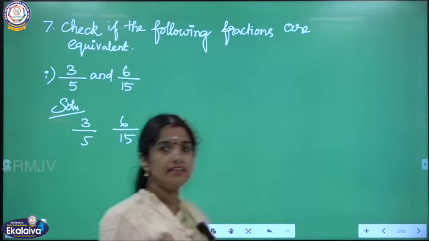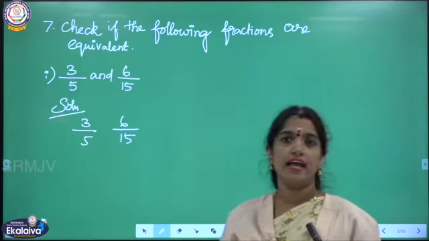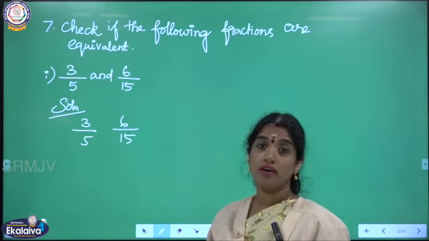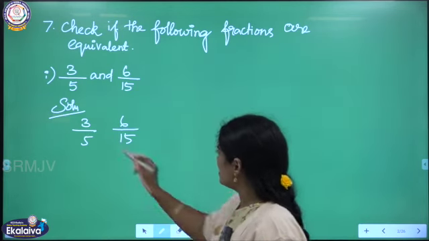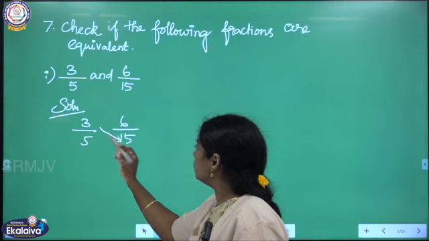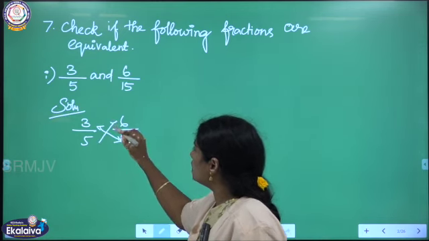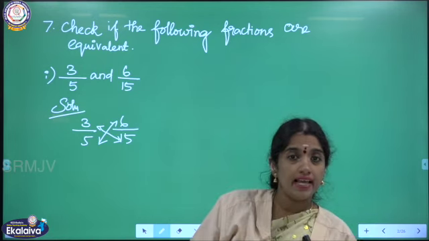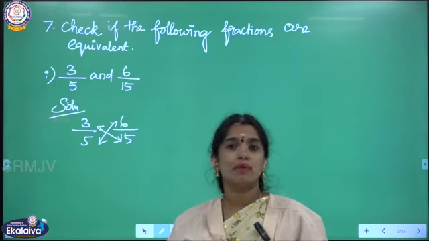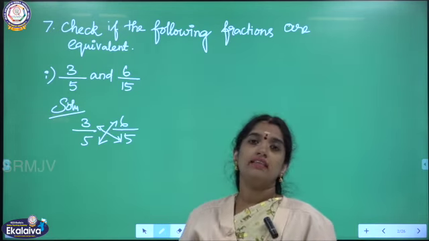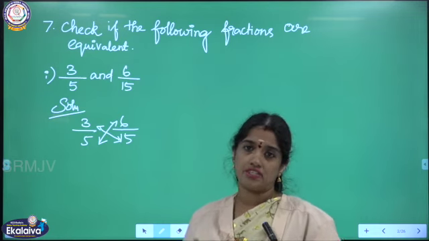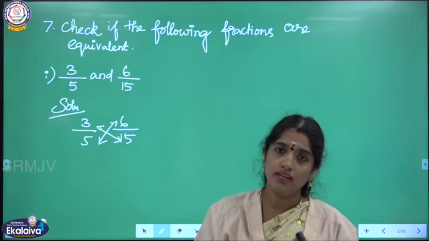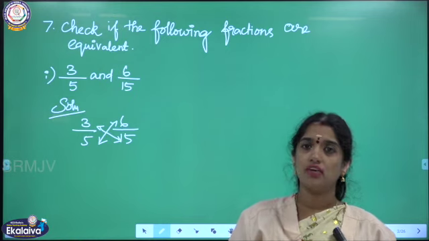I have taken the 2 fractions. What I am going to do is just cross multiply. Once I cross multiply, if both the LHS and RHS products are the same, then it is an equivalent fraction, or else it is not an equivalent fraction. Can you understand this, children?